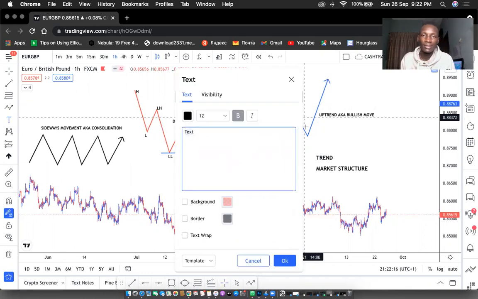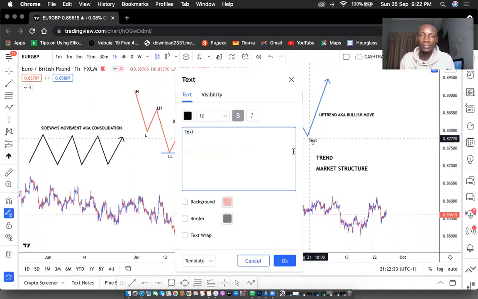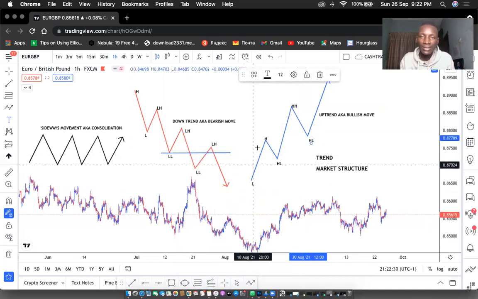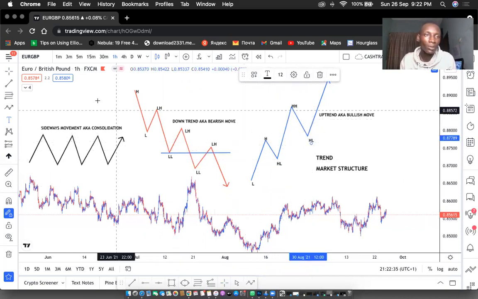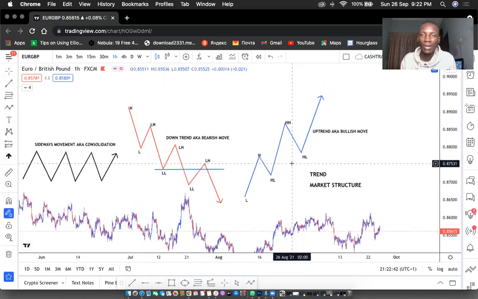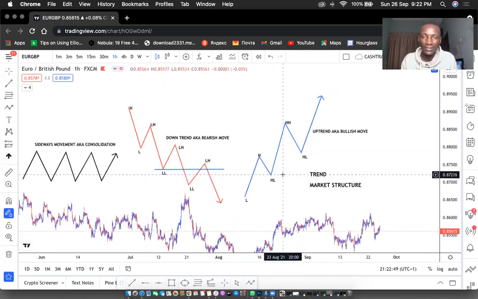So this is now a higher high, no more a lower low. This is now a higher low. Okay, now price continuously drives to the upside. When price is driving up like this, it is considered an uptrend or a bullish move. Is that clear?